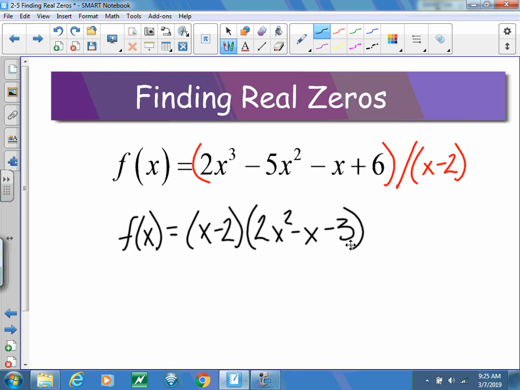And so by doing the division, it's helping us factor out this third degree polynomial. I have been able to go from a third degree polynomial down to a second degree polynomial.